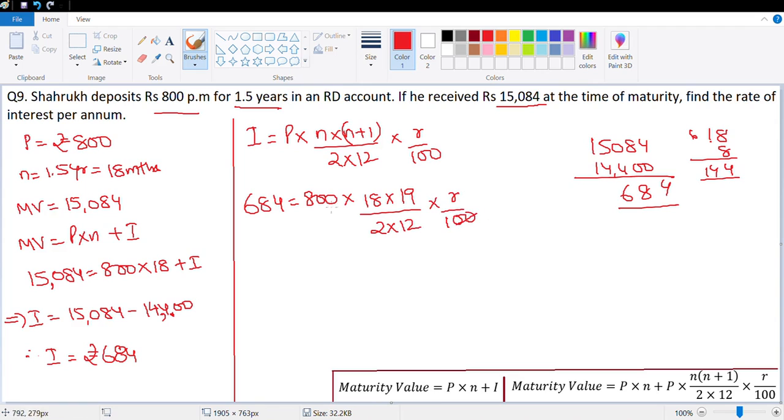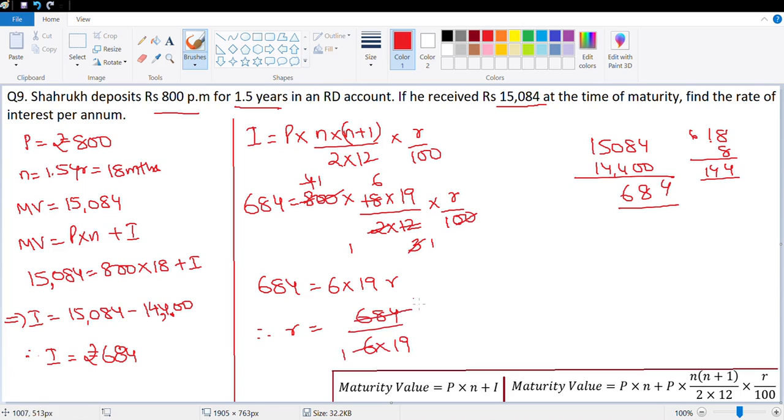So 00 and 00 gets cancelled. 2 1, 2 4, 4 1, 4 3, 3 1, 3 6, which means 684 is equal to 6 into 19R. Therefore, R is equal to 684 upon 6 into 19.